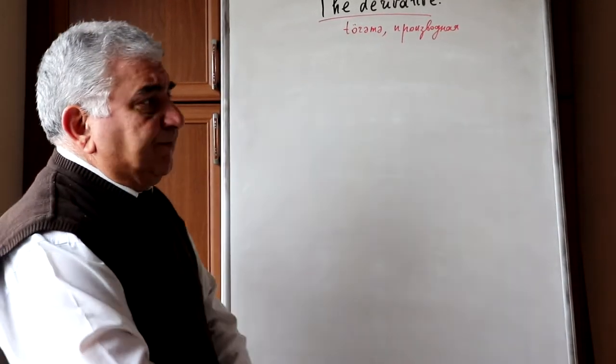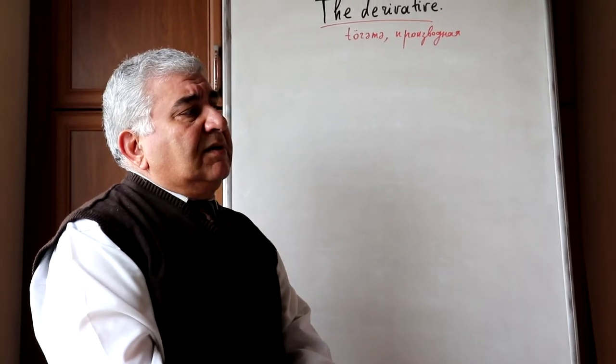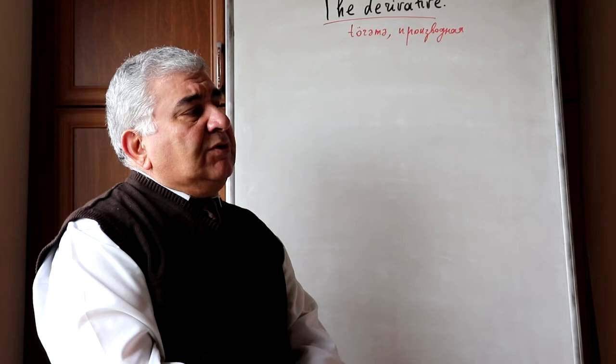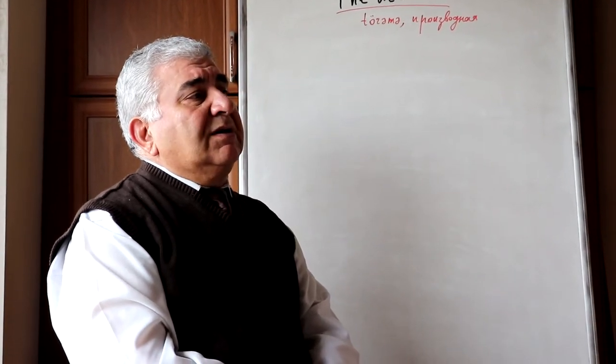derivative is equal to the limit when the increment of argument tends to 0 of the ratio of the increment of the function and the increment of the argument.